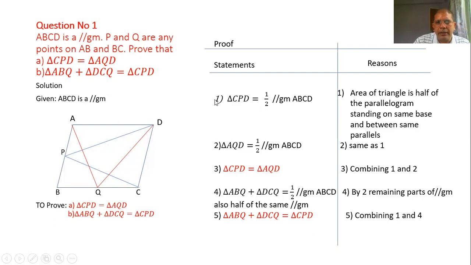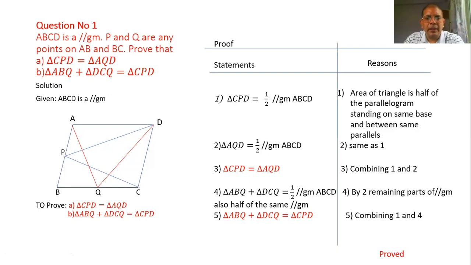If we combine 1 and 4, 1 by 2 of parallelogram ABCD in number 1 and 1 by 2 parallelogram ABCD in number 4, then you can write triangle CPD is equal to ABQ plus DCQ. It is combining of 1 and 4. So this completes the proof of our question number 1. This is simple.